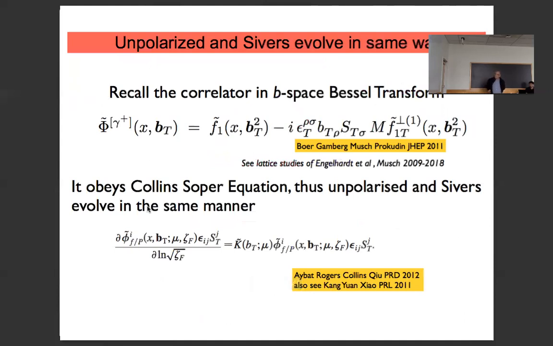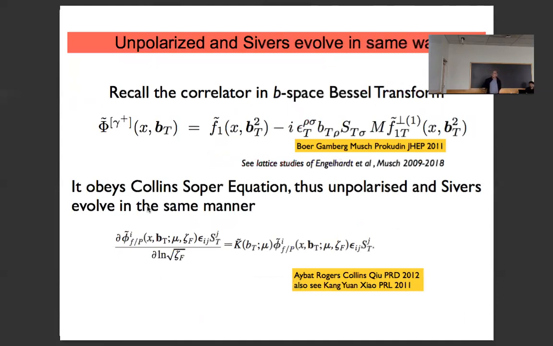I want to point out, though, that it's not just F1 that satisfies the Collinear equation, but it is this combination of this F1 and the Sivers function, or the Sivers first moment. Now, this Sivers first moment is essentially a derivative, a B-space derivative of the Sivers function in B-space.